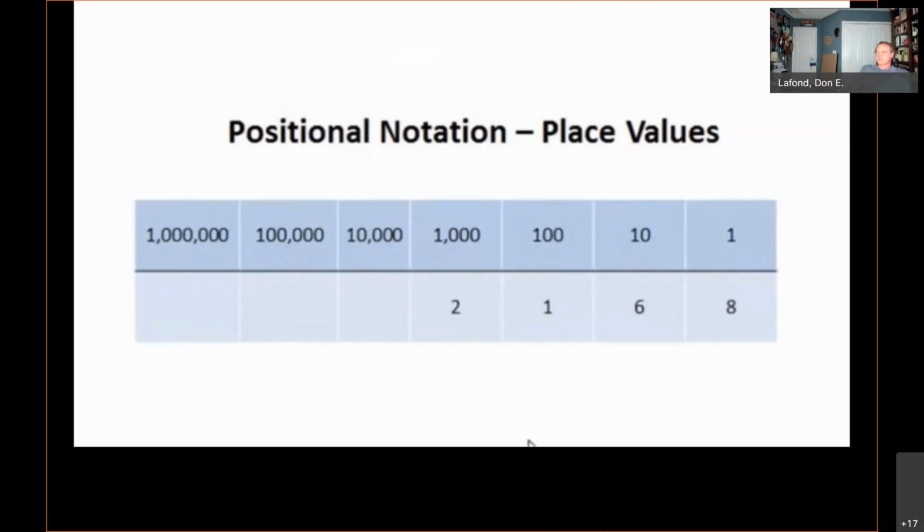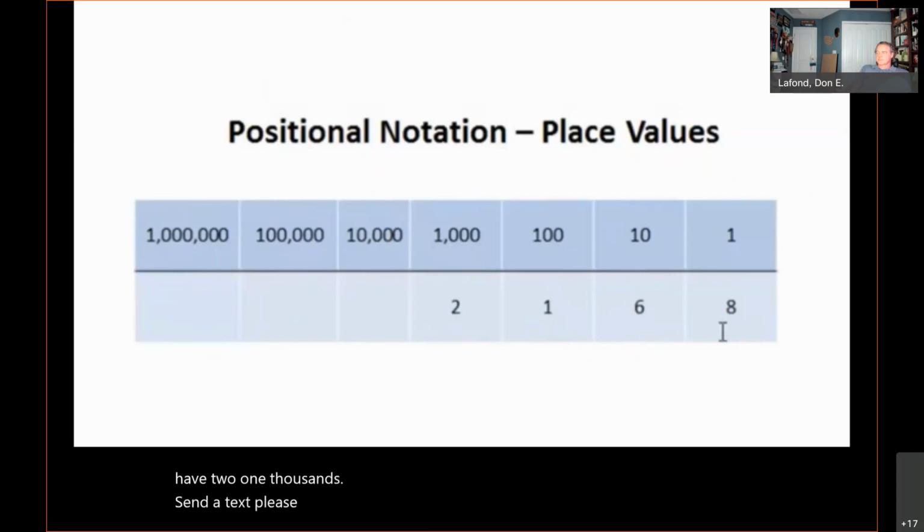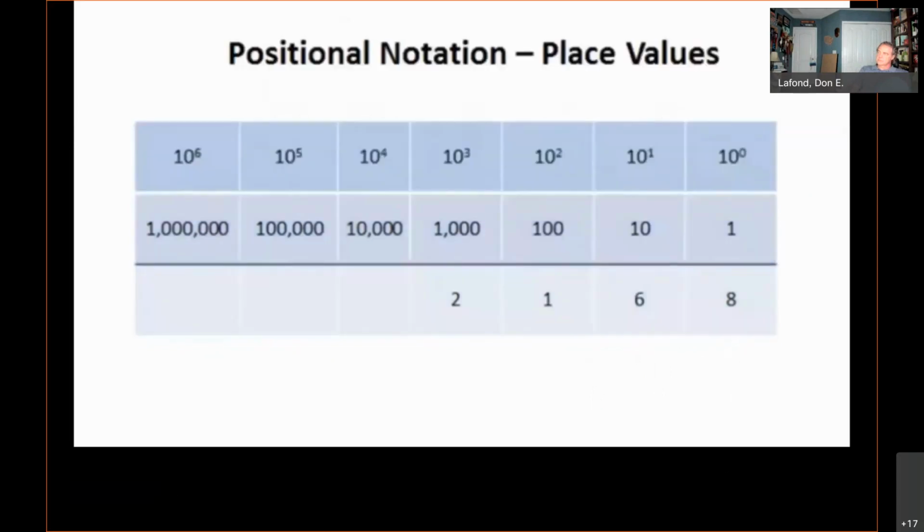You can see that we have the number 2 in the 1,000s place, so we have 2 1,000s. We have a 1 in the hundreds place for 100. We have 6 in the tens place for 60, and we have 8 in the ones place for 8. Now, when we're talking about the place values in the decimal number system, we're talking about the powers of 10.